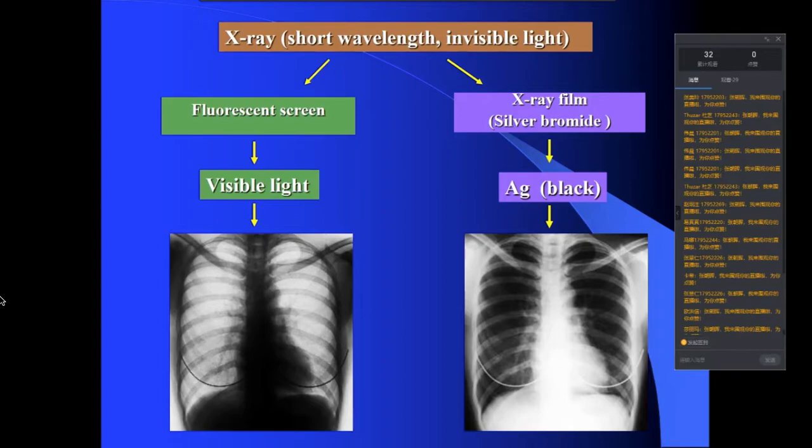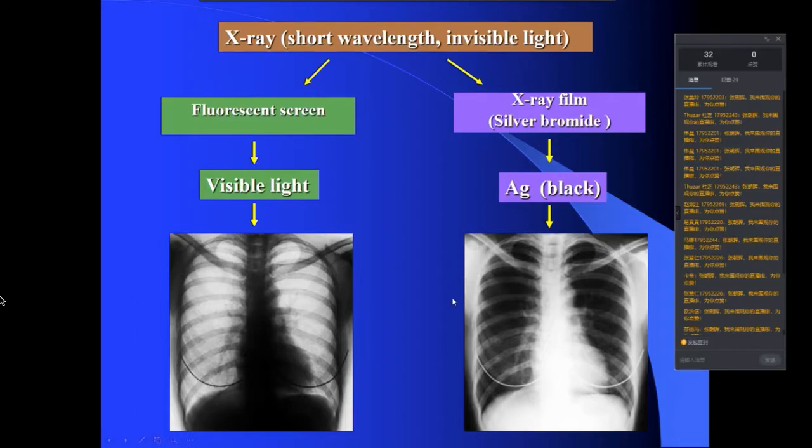Why? Because fluoroscopy is based on the fluorescence effect of X-rays. X-rays can excite fluorescent material on the screen and generate visible light. The more X-rays reach the screen, the brighter the examined tissue appears.